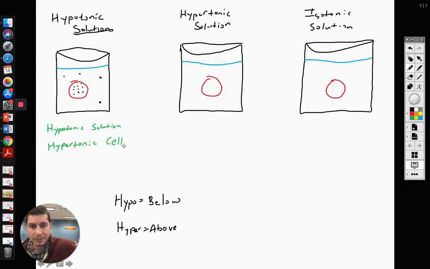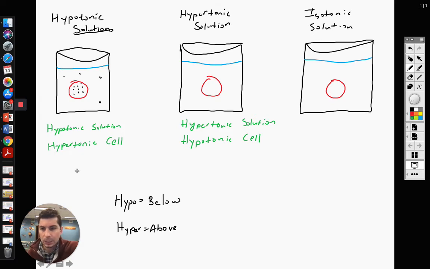Same thing with this next one here. If we have a hypertonic solution, that means we have a hypotonic cell. So they're flip-flop. They're opposite of one another.